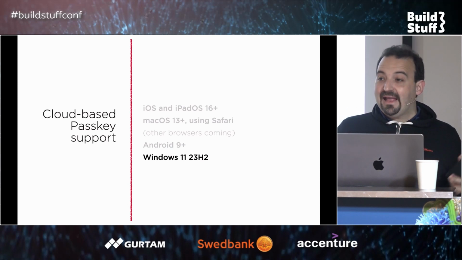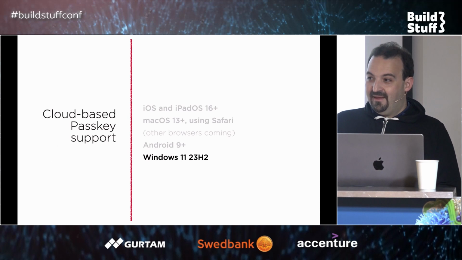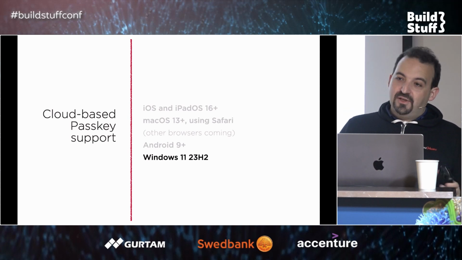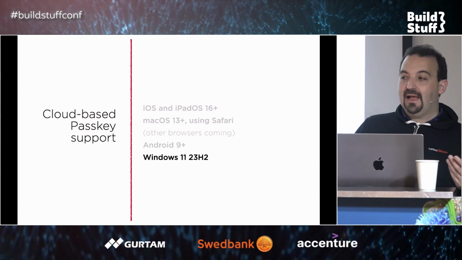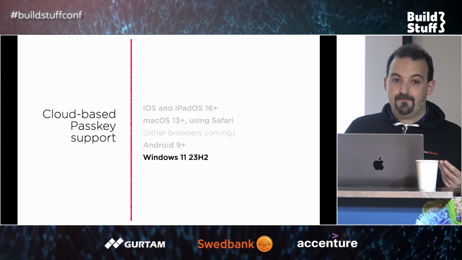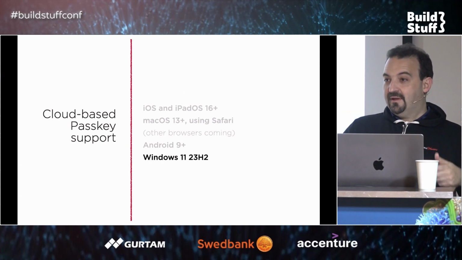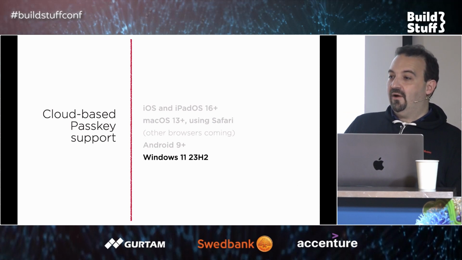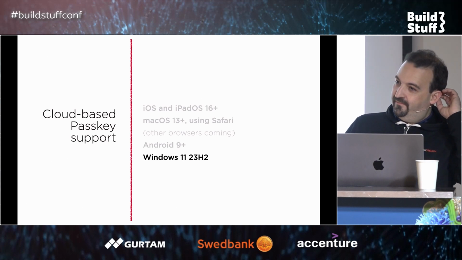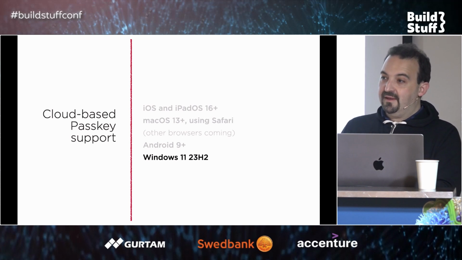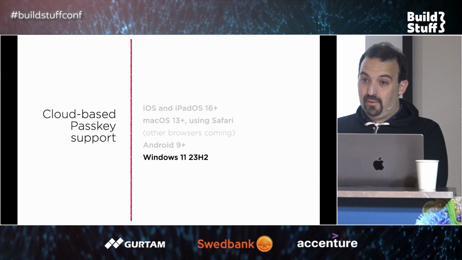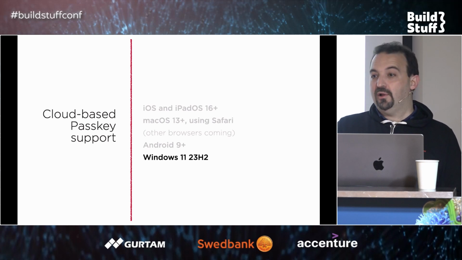Because it's the same iCloud account, it's going to work. Or on Chrome, you can use Chrome on Windows, and you can also use Android and Chrome, and you can use fingerprint on Mac and Android. Does it make sense? So you can create a passkey that is only for that device, or now you can create a passkey that will be stored in the cloud and shared between all your devices.